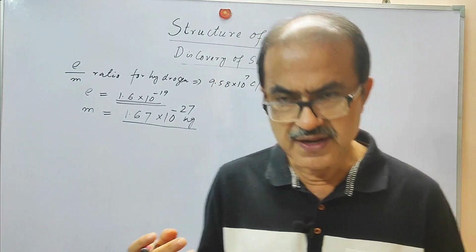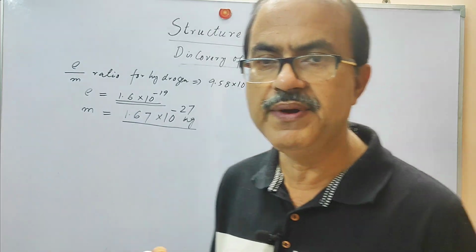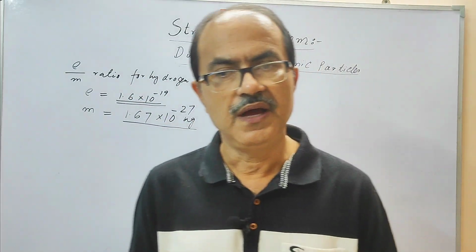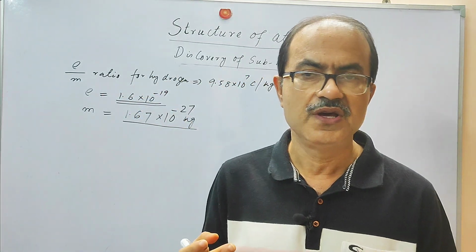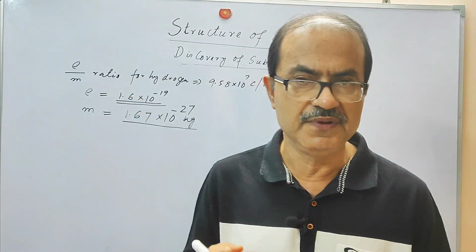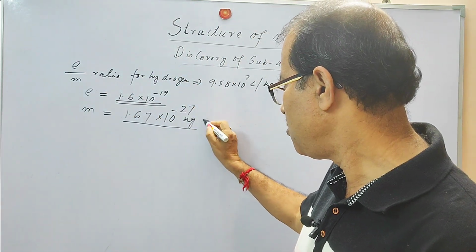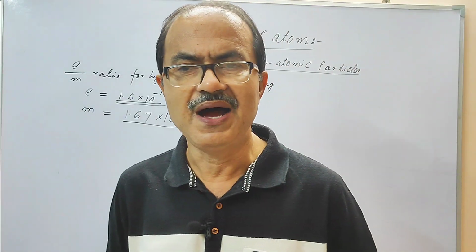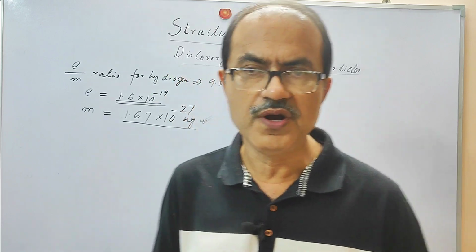So we understand here the discovery of the proton. The proton is a fundamental particle of the atom, and for different atoms you will have integral multiples of this value, and its mass is almost equal to the mass of the hydrogen atom. So that is the discovery of the proton.